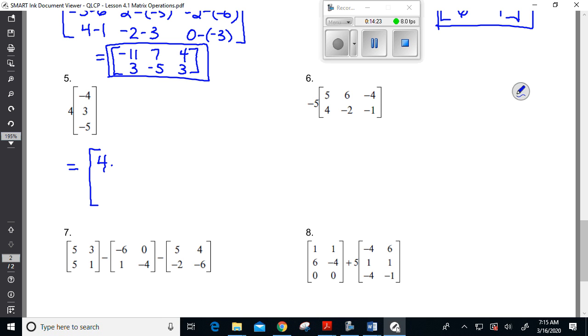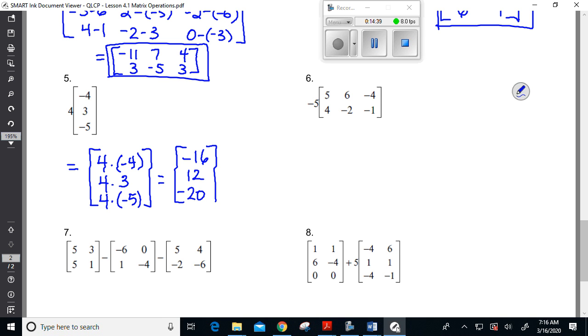So 4 times -4, 4 times 3, 4 times -5. It's -16, 12, -20. That's it.